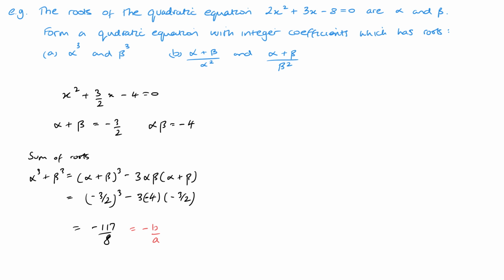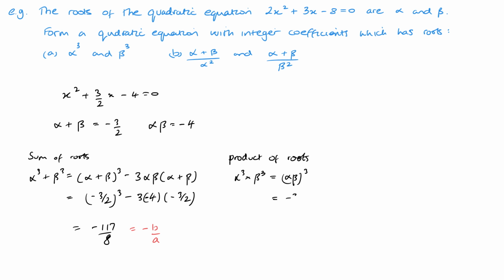Now looking at the product of my roots, here I'm going to be alpha cubed times beta cubed. Write it as alpha beta all cubed.